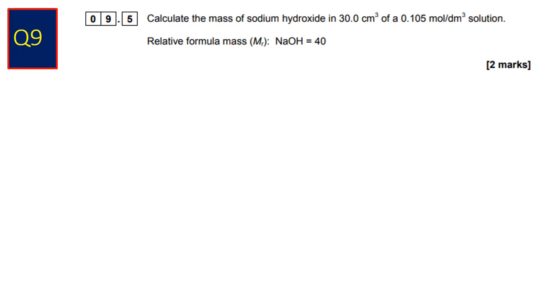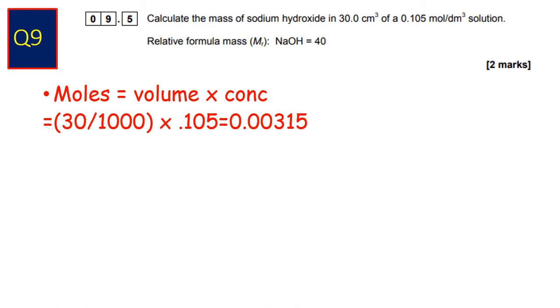9.5. Then asked to calculate the mass of sodium hydroxide in 30 centimetres cubed of a 0.105 mole decimetre cube solution. And we were given the relative formula mass of 40, which was nice of them. So, moles equals volume times concentration.